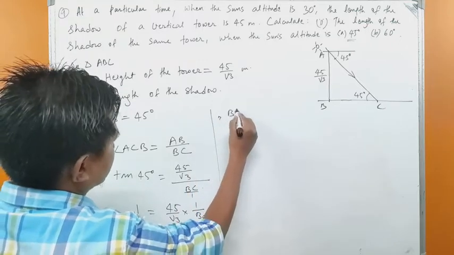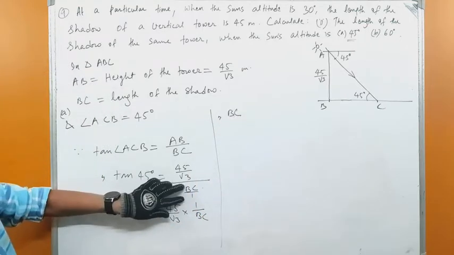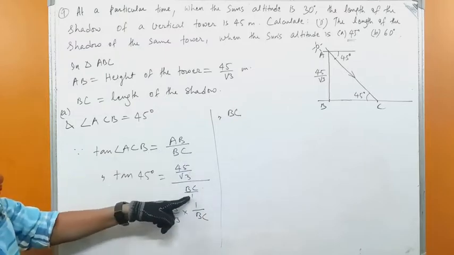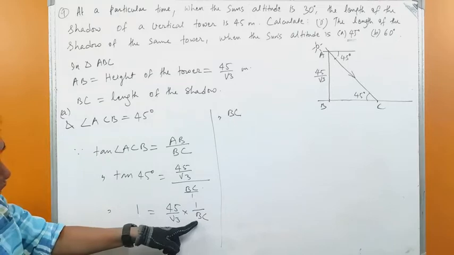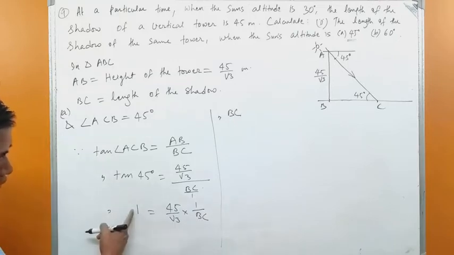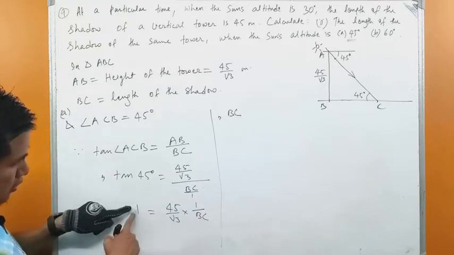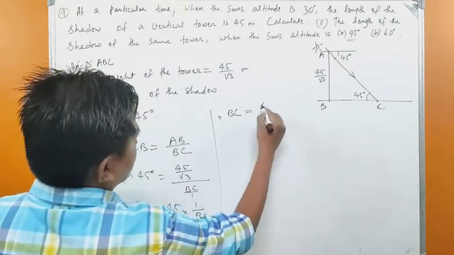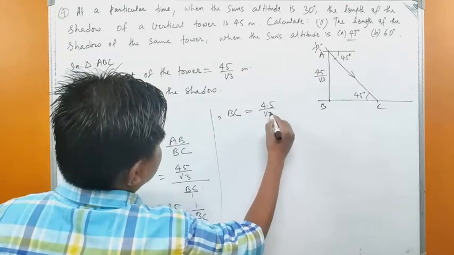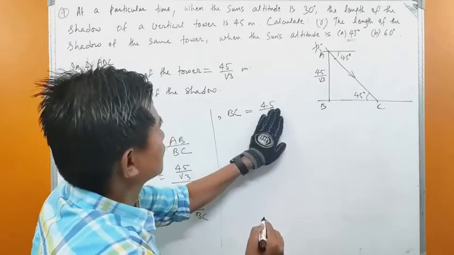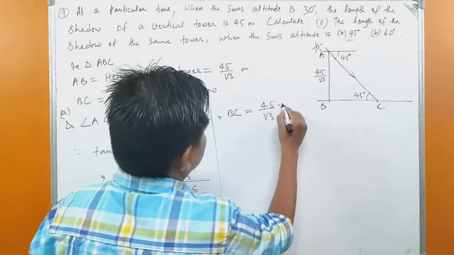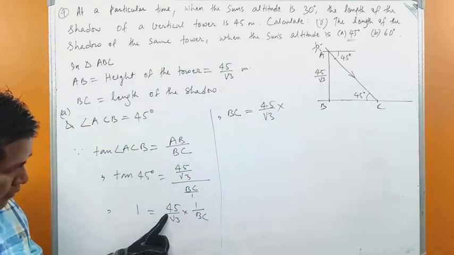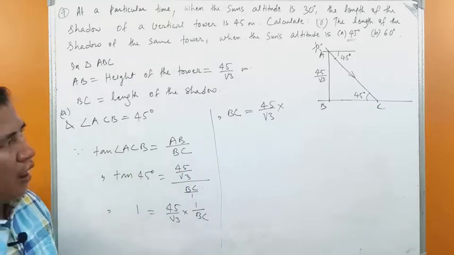I hope you got this: BC by 1 just inverts, and 1 goes to the numerator, BC comes down to the denominator. Cross multiplication, BC into 1 is BC, BC equals 45 by root 3.